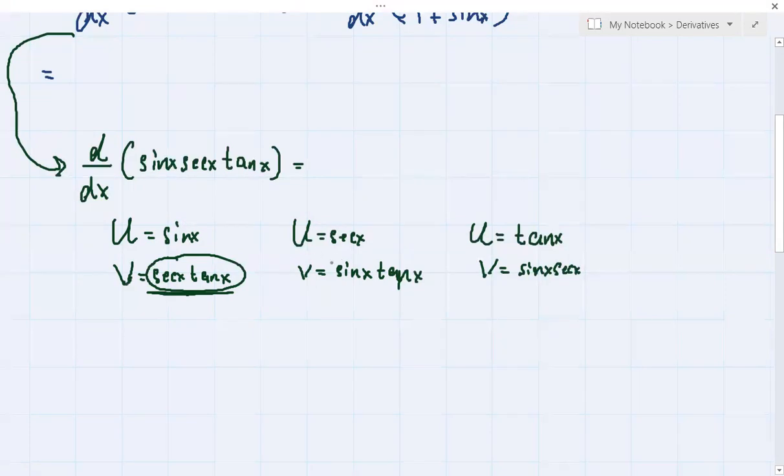Kapag meron kang dalawang functions na magkadikit-dikit on one of the letters, either if it's U or your V, kung kukunin mo yung derivative nun, then you're going to use product rule pa rin. Katulad nito, si V, di ba, dalawa siyang function, magkadikit. So, gagamit ka ng product rule ulit.